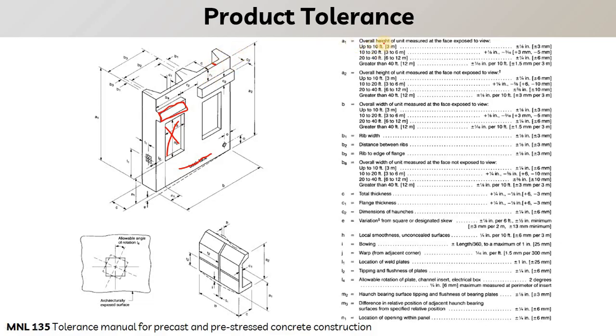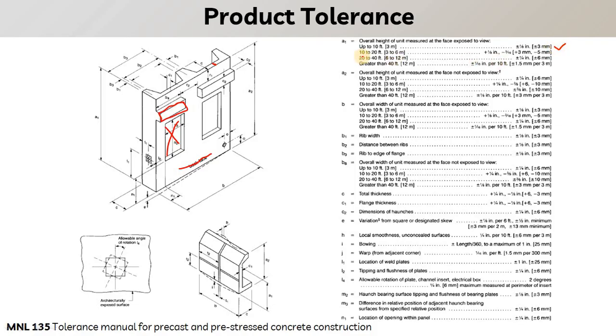For the overall height of the precast element, if the height is up to 3 meters, a tolerance of plus or minus 3 mm is allowed.